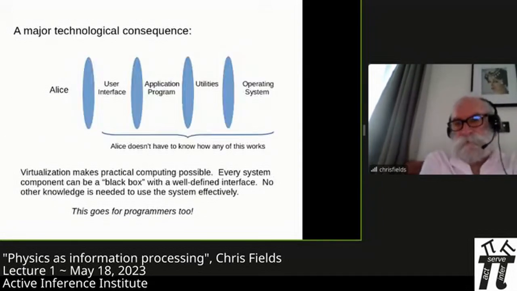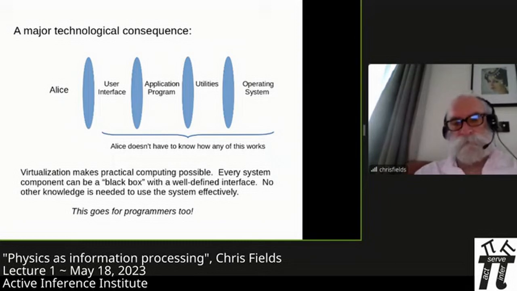Now, this, of course, has a huge technological consequence. Since this theory of computation tells us that processes are effectively virtual, we don't know what they are, and we can't determine what they are except in theory, by making the theory.